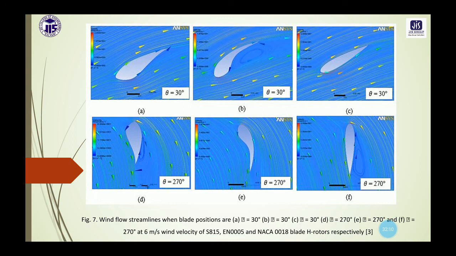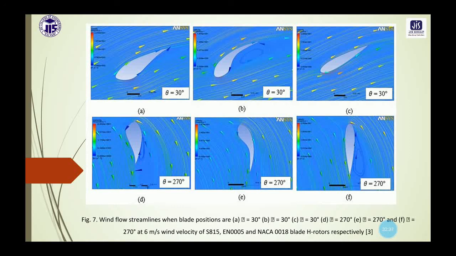And again in the returning stroke, for theta equals 270 degree, in case of the first and third diagram, that is for S815 and NACA 0018, there is boundary layer separation on the suction side of these two blade profiles, and the vortices generated are revolving in nature.